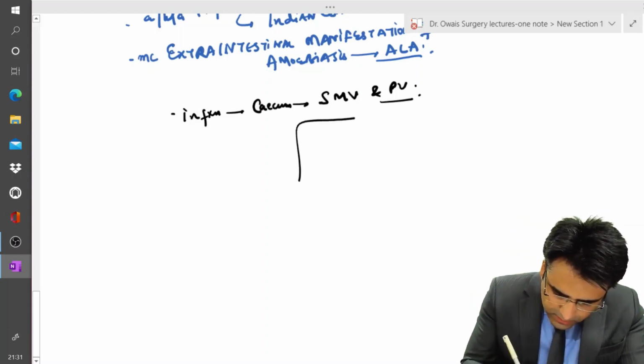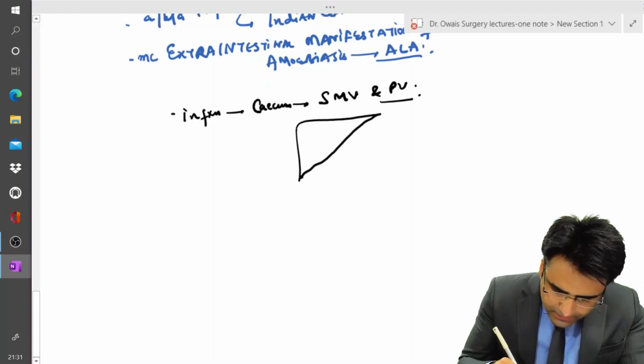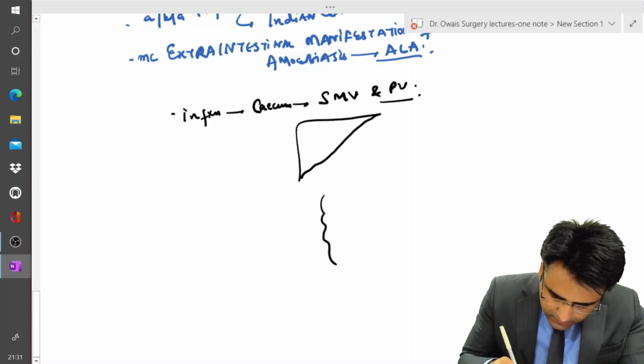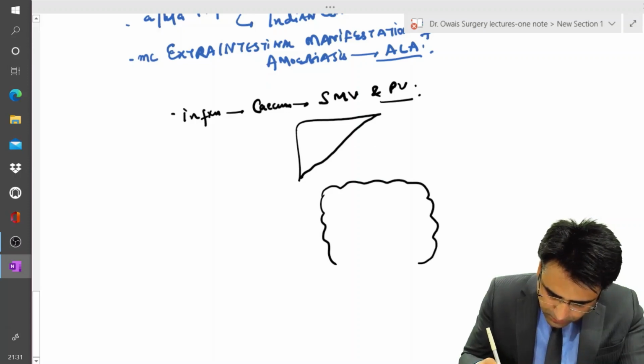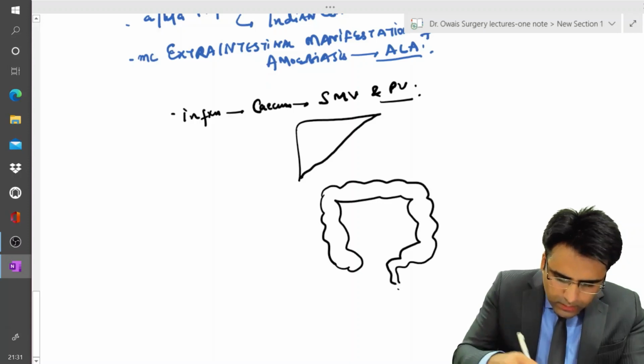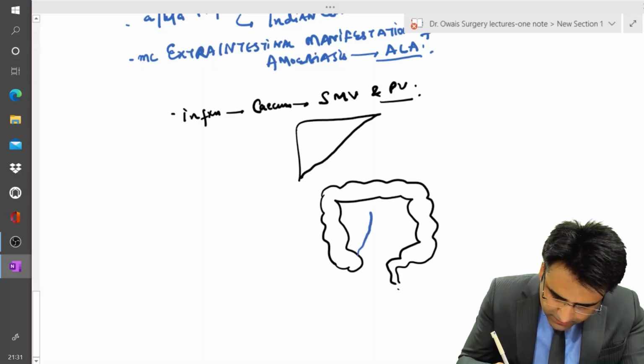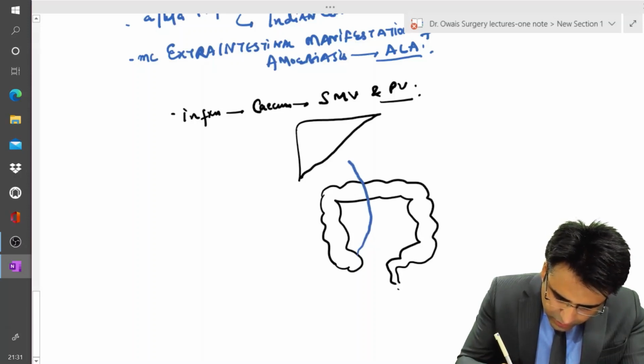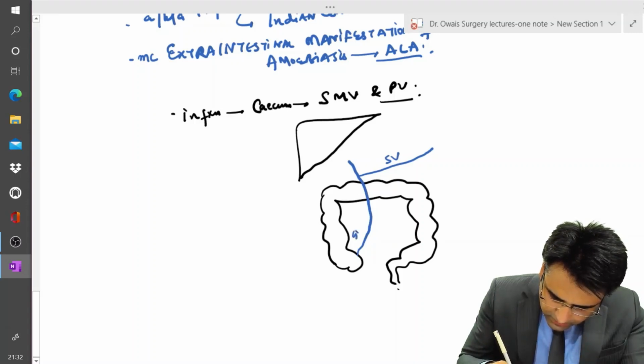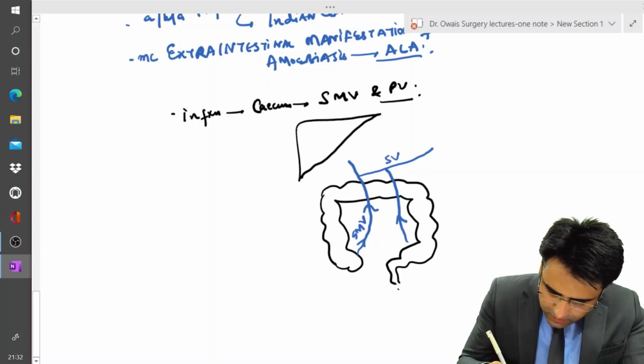Suppose this is the liver and this is the bowel. This is the superior mesenteric vein. It joins the splenic vein. After this, we have the inferior mesenteric vein also, carrying the blood supply from the bowel.